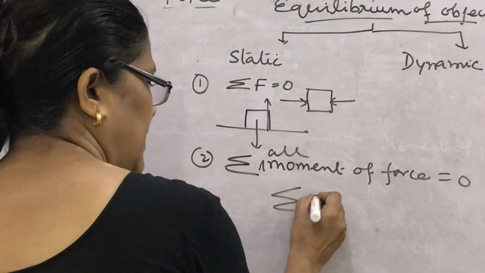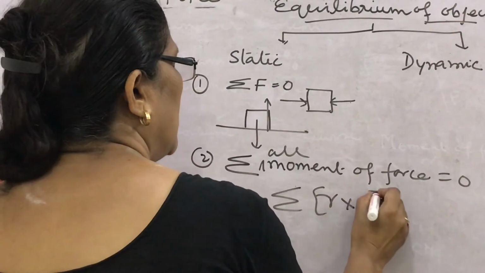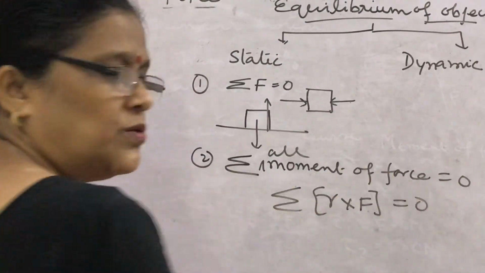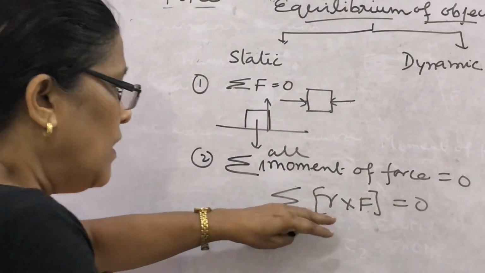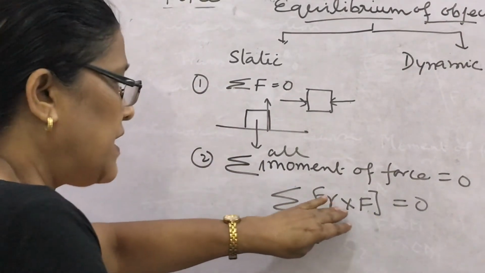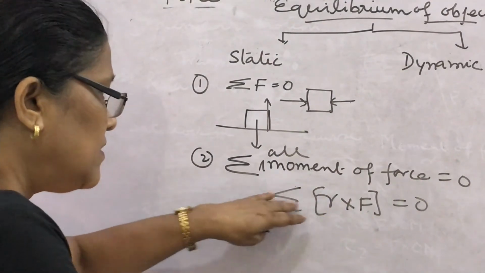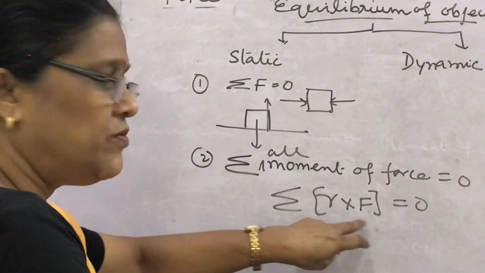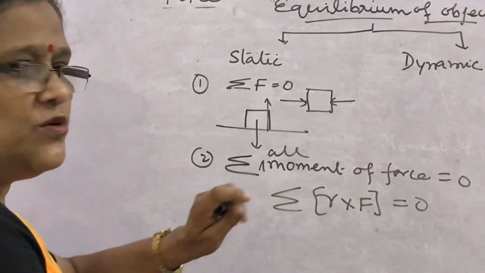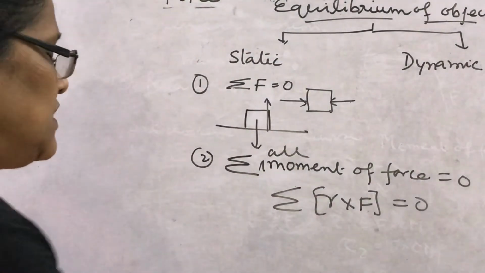You can write here this R cross F, this should be 0. This sigma means all forces which are acting at several distances, their product and summation, addition should be 0. R1 F1, R2 F2, R3 F3, equals 0. This is the equilibrium of objects.